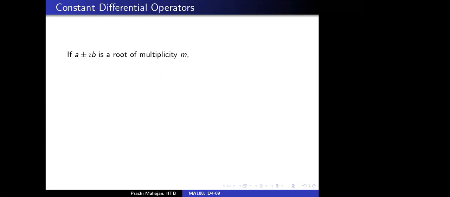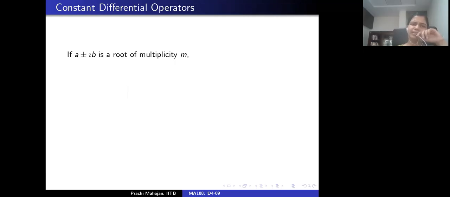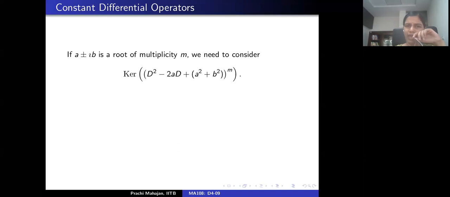So what does this suggest? It suggests that if a plus minus iota b is a root of the characteristic polynomial of multiplicity m, then one should look at the operator d square minus 2ad plus a square plus b square, all of it to the power m, and the corresponding null space.